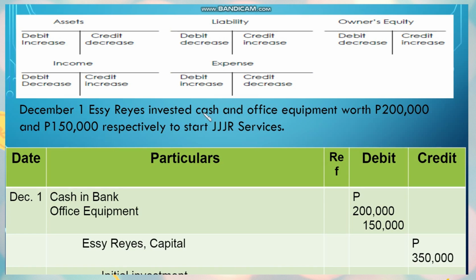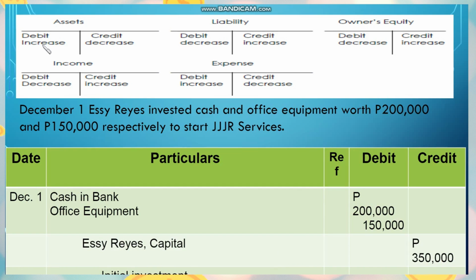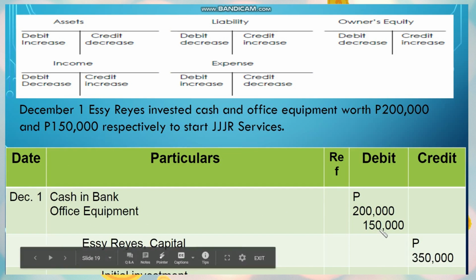Since cash is an asset and it increased our asset, we debit cash in bank for 200,000, and then we also debit office equipment because we also received office equipment, which is an asset and increased our asset, so office equipment amounting to 150,000. And the total is the amount of ownership of S.E. Reyes, so that's S.E. Reyes capital for 350,000.